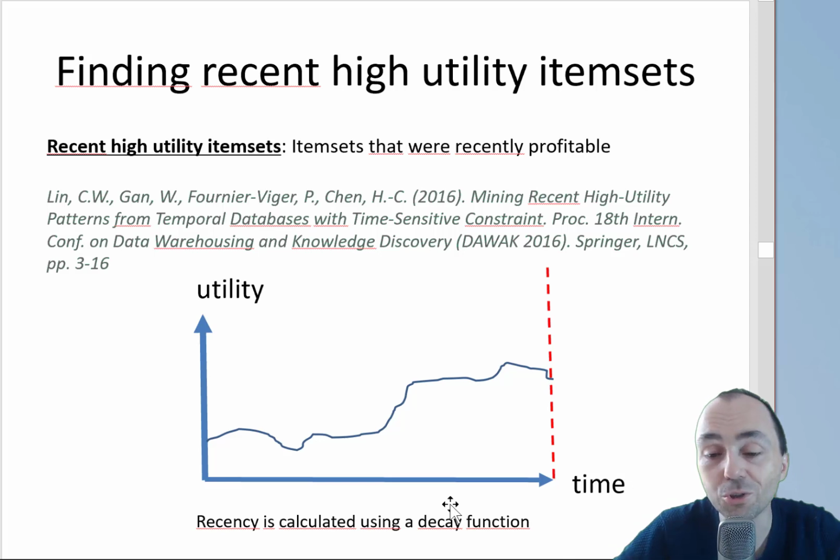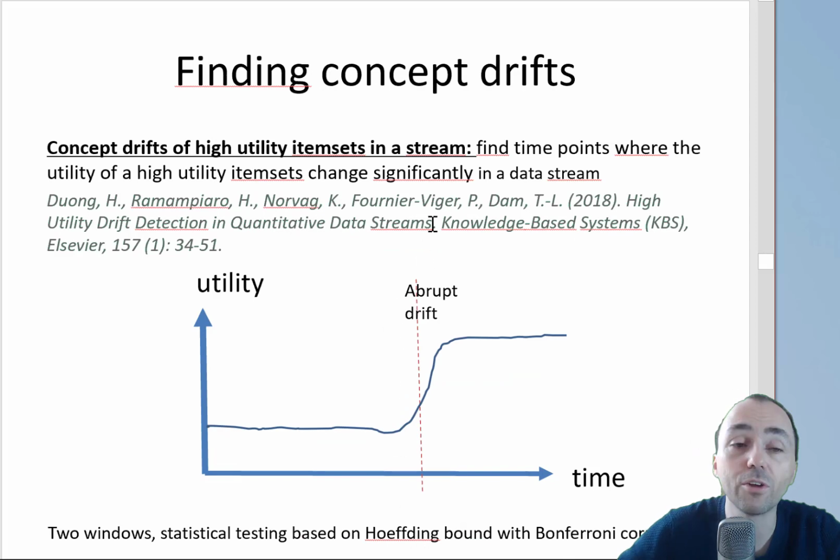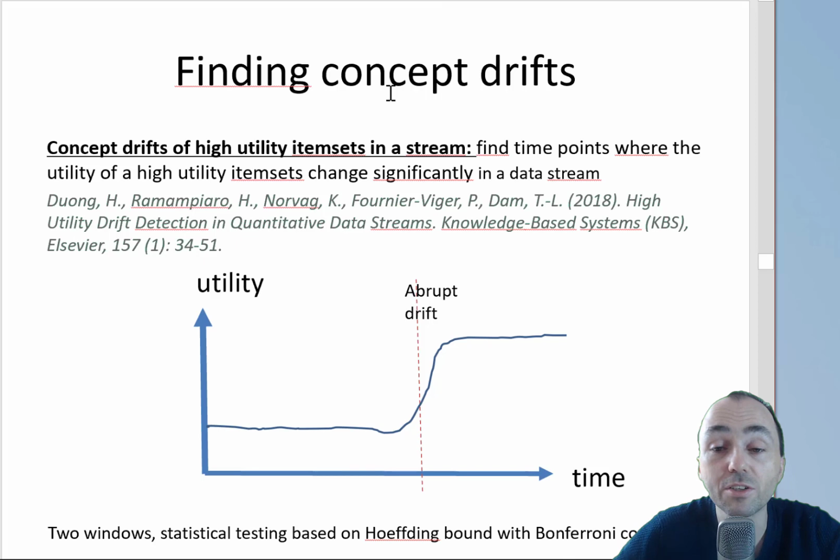Let me show you more. Another topic we can do about the time is to find what is called concept drift. In data mining, what is a concept drift? It means that over time there will be a change in the data. The distribution will change and so on.